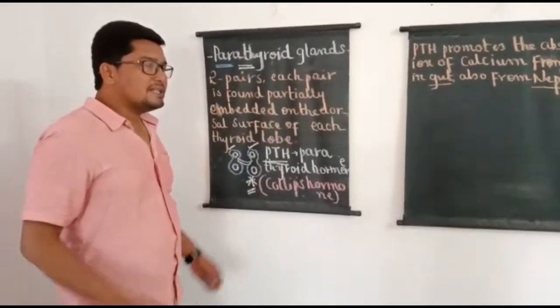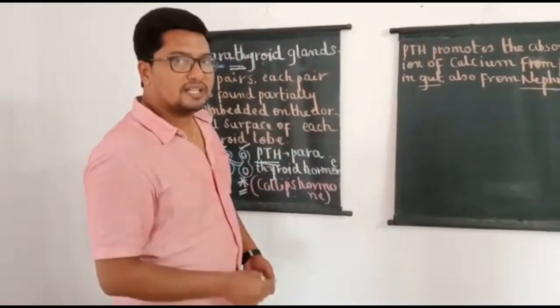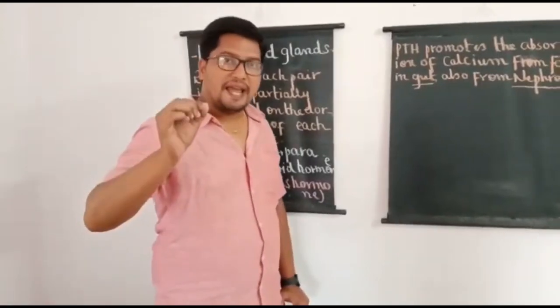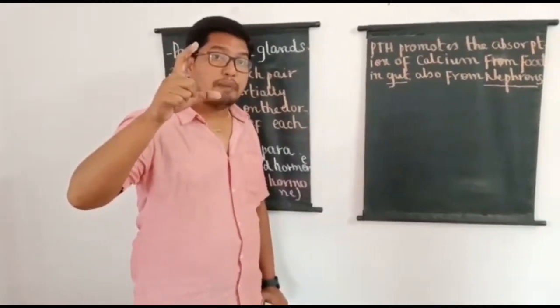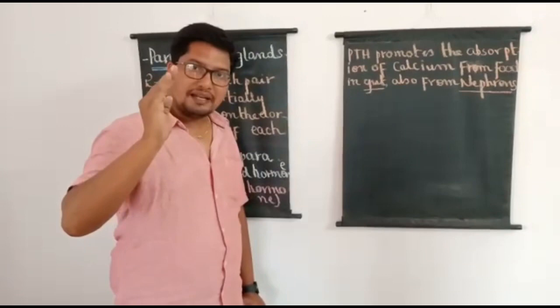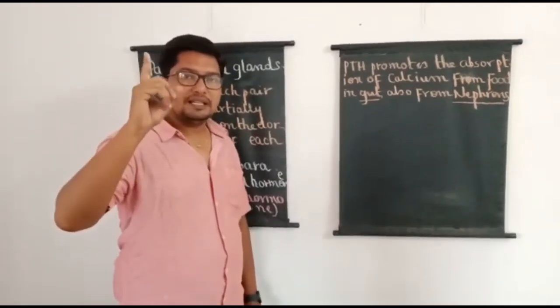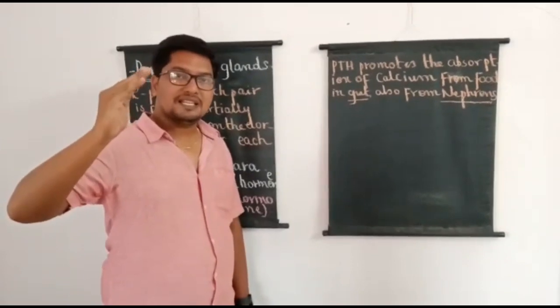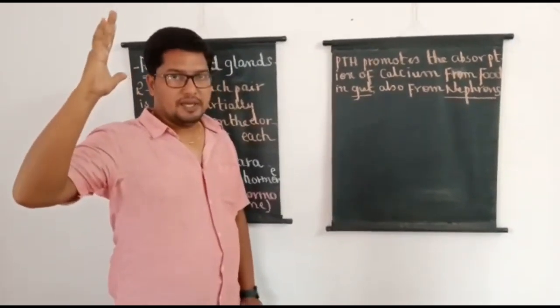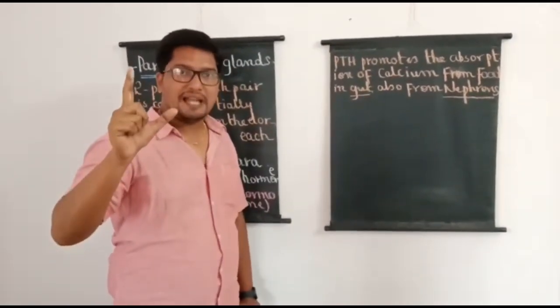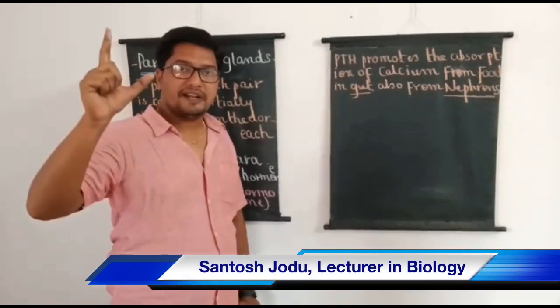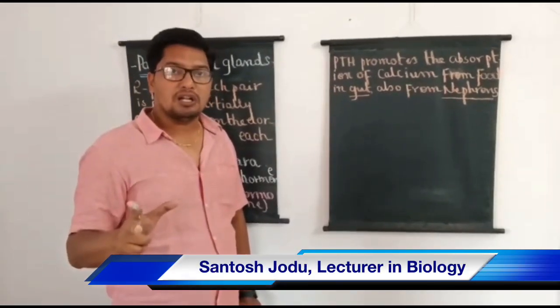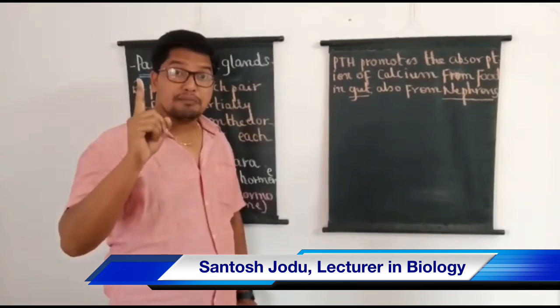And what is the main function of parathyroid gland? Parathyroid gland and its hormone, that is parathormone or parathyroid hormone, is responsible for increasing calcium levels in the ECF and blood. So as it increases the calcium levels in ECF and blood, it is commonly called hypercalcemic hormone.